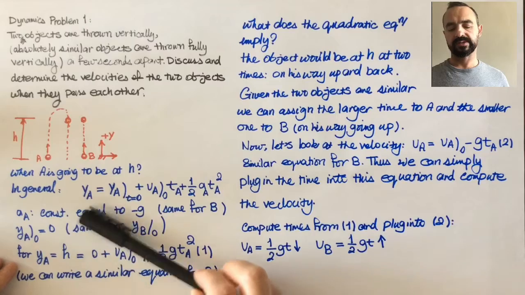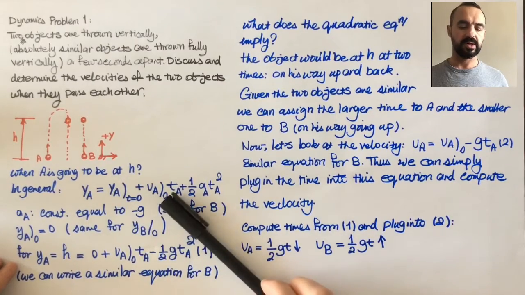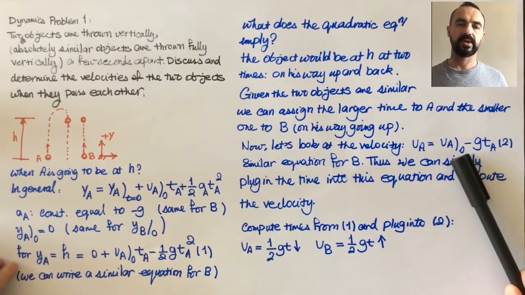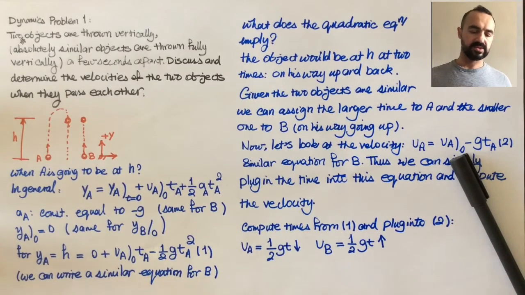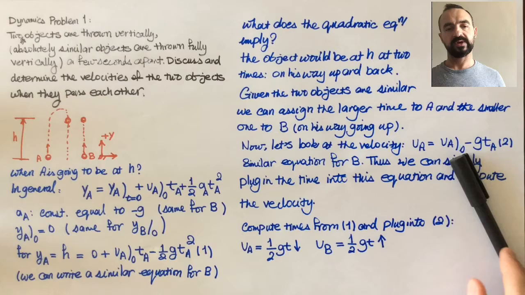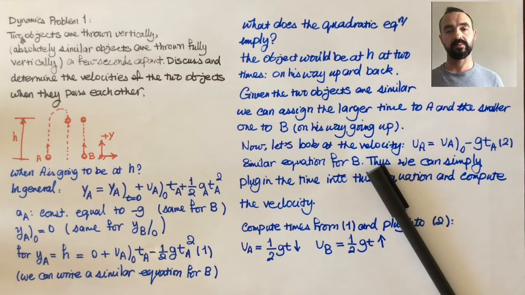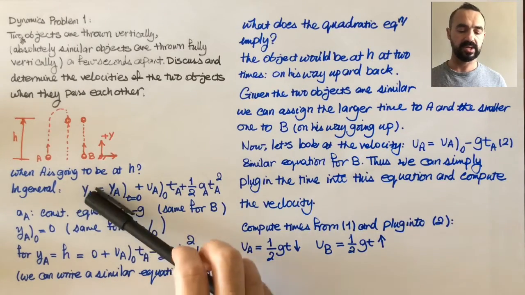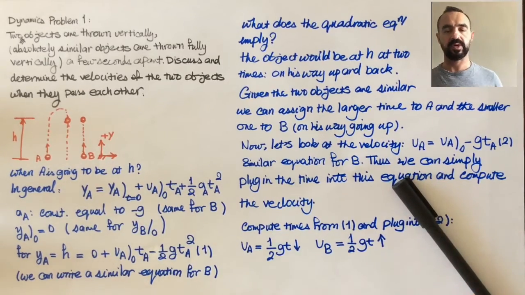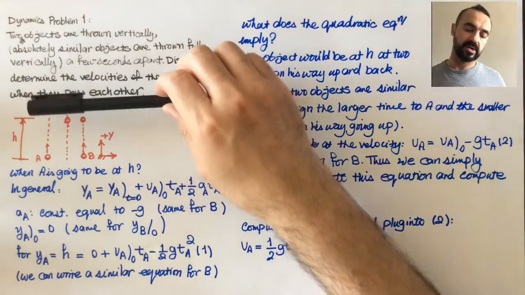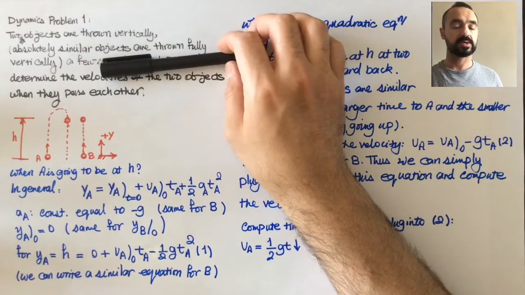YA is YA0, the initial height, plus initial velocity multiplied by time, plus half acceleration times time squared. And because I asked you what time object A is going to be at height h, you're going to set YA equal to h.